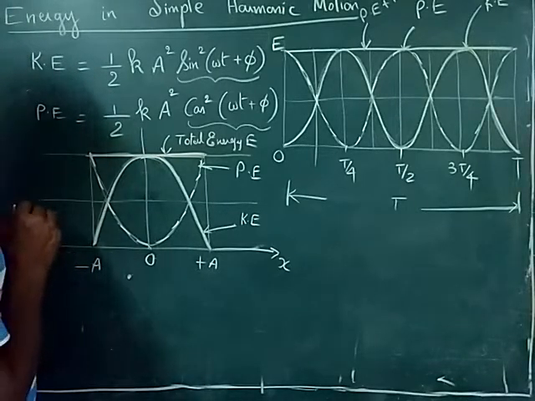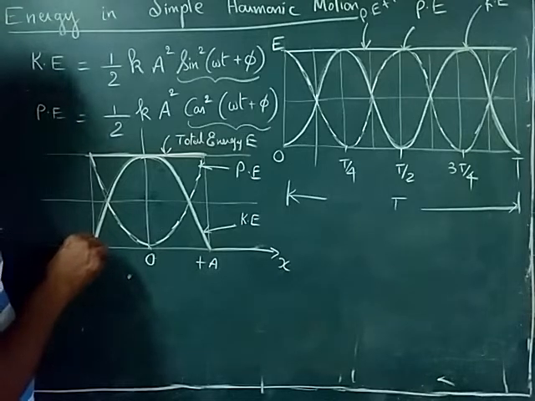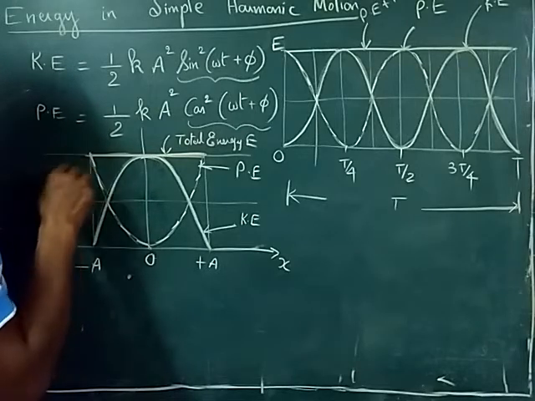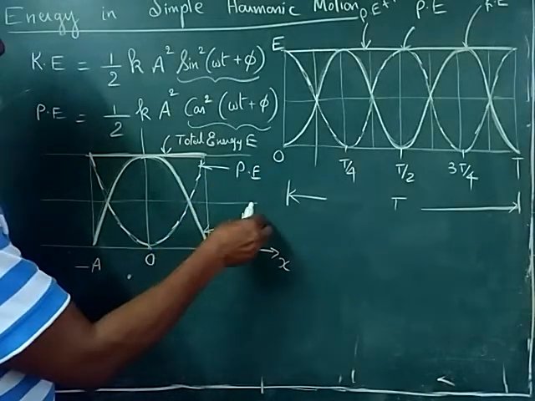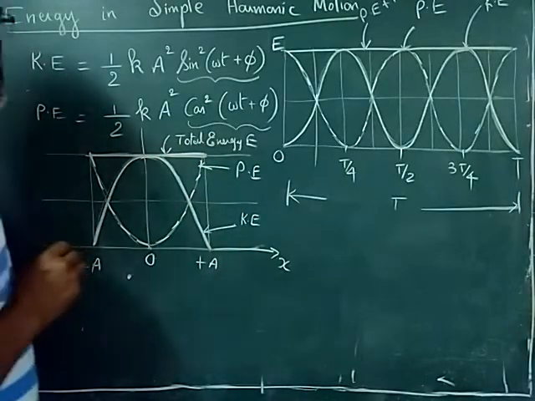That's the meaning, because at just minus A, this is minimum, whereas this is maximum. So if you try to add potential energy and kinetic energy, you will have a uniform constant energy.